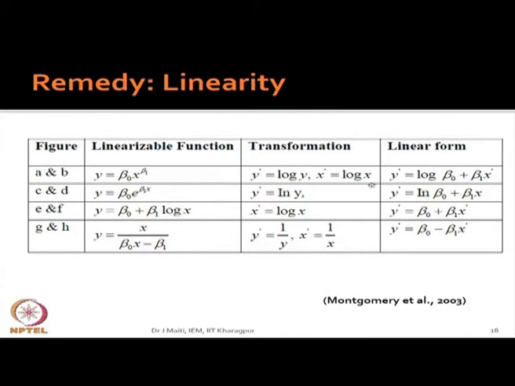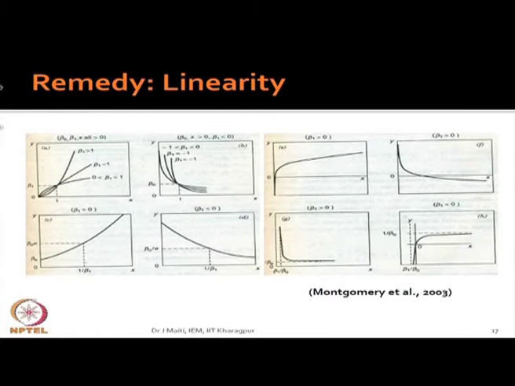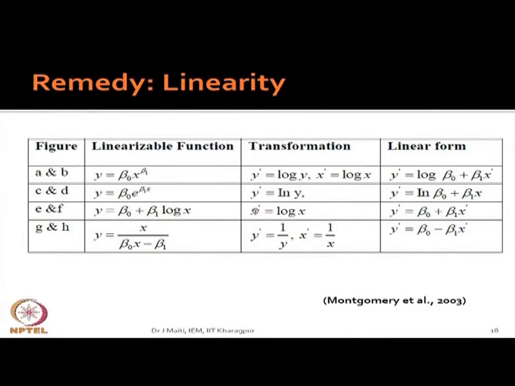This is very useful, because you can always develop this scatter plot. For figures A and B, the linearizable function is y equal to beta 0 x to the power beta 1. If you take log of this equation, then log y equals log beta 0 plus beta 1 log x.